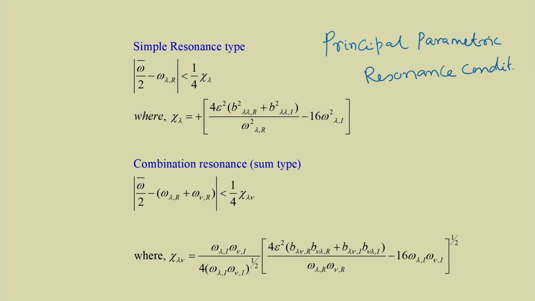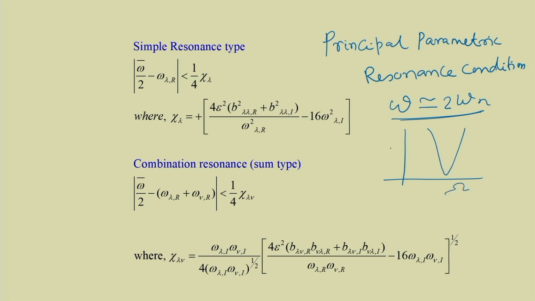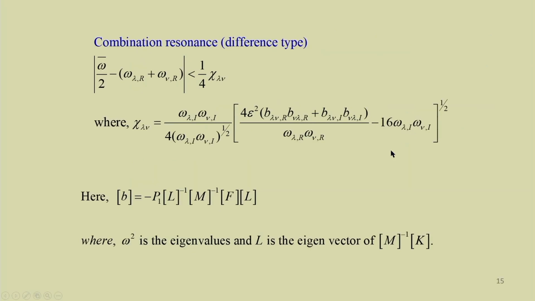In case of principal parametric resonance condition, this external frequency is nearly equal to twice the natural frequency of the system, and we can obtain the instability region near to 2 omega n. So, this way we can find this instability region. Here it can be this frequency and here it can be the forcing parameter f, clear. So, by plotting this one can find the instability region.